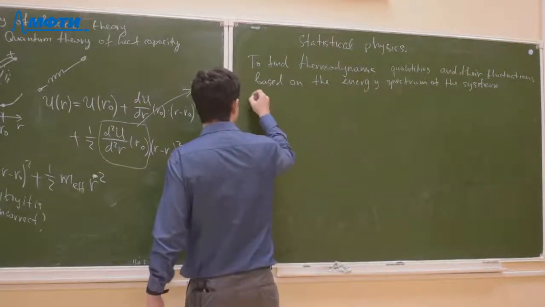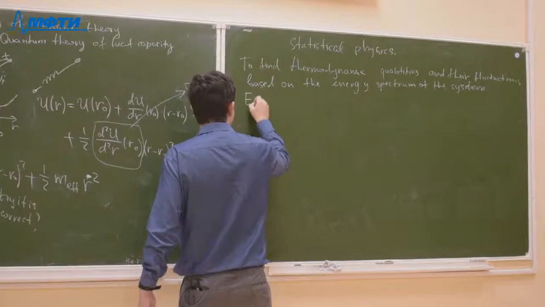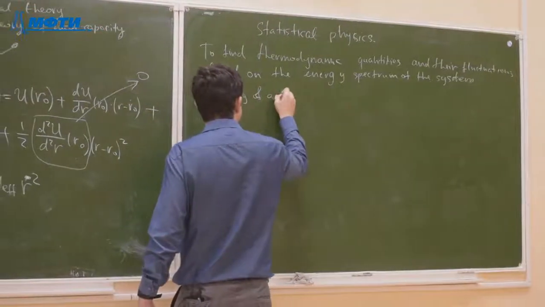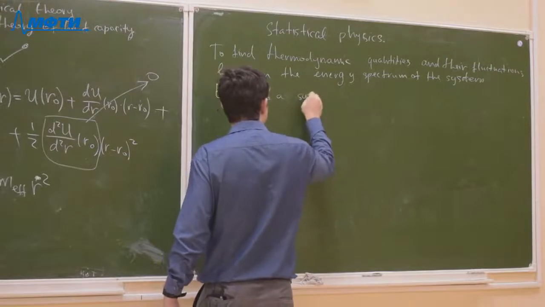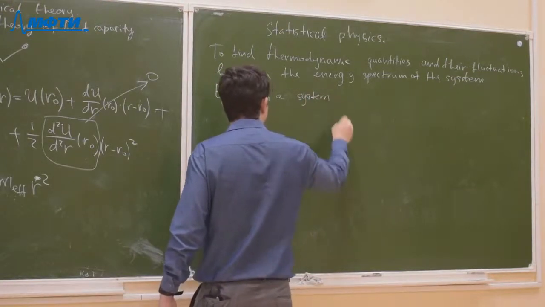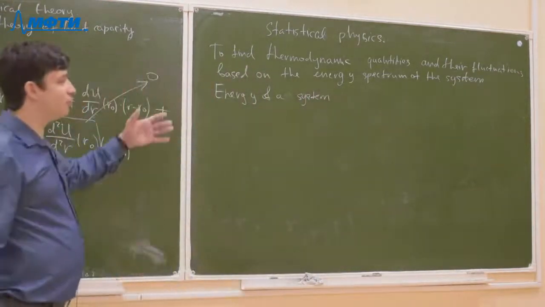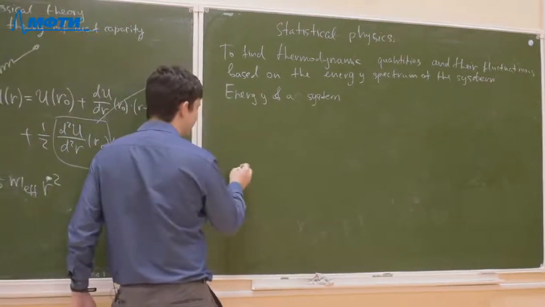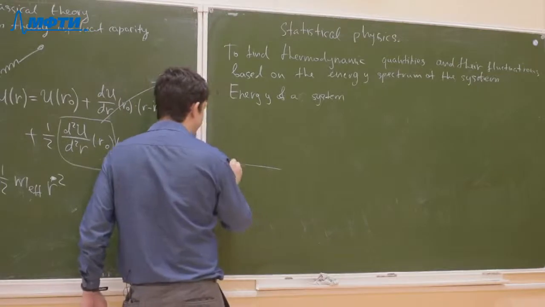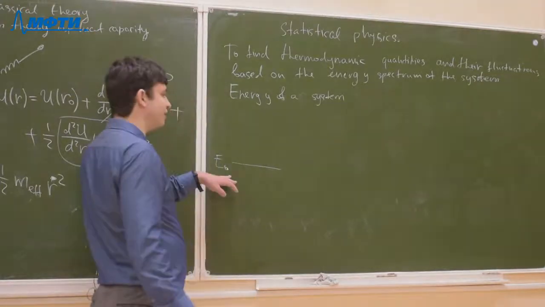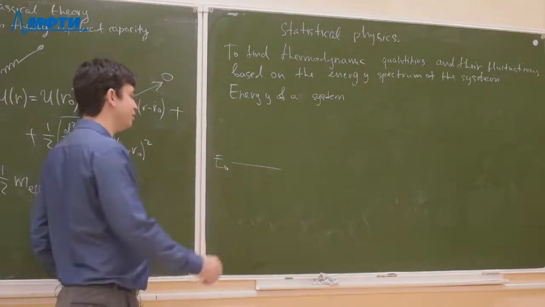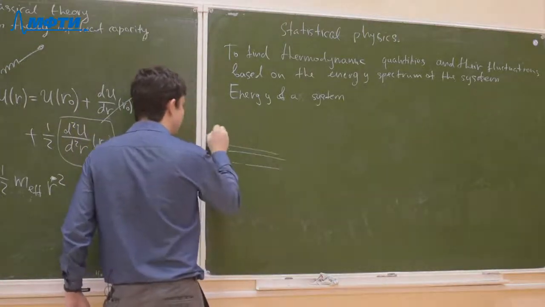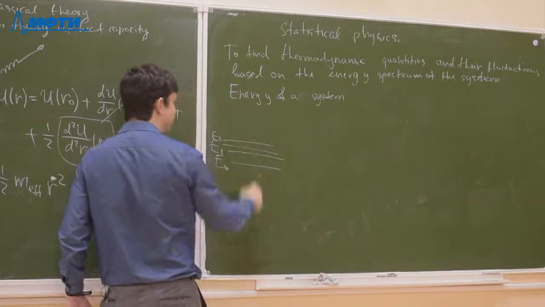So energy of a system can take only some discrete values, so-called energy levels of the system. So starting from the ground level, whose energy I denote by E0, and then further energy levels E1, E2, and so on and so forth.